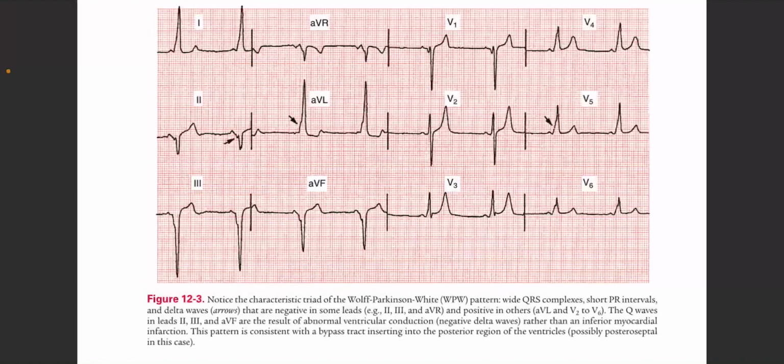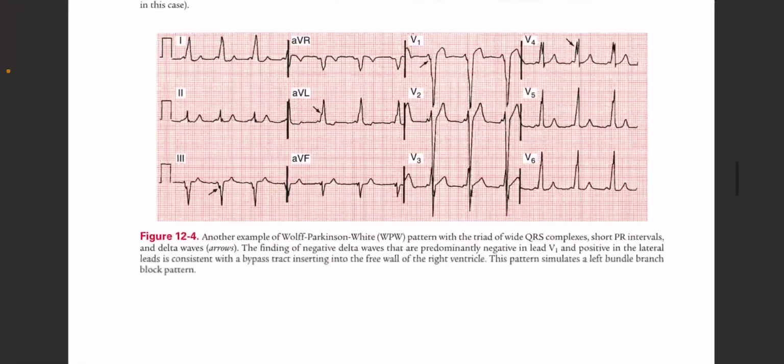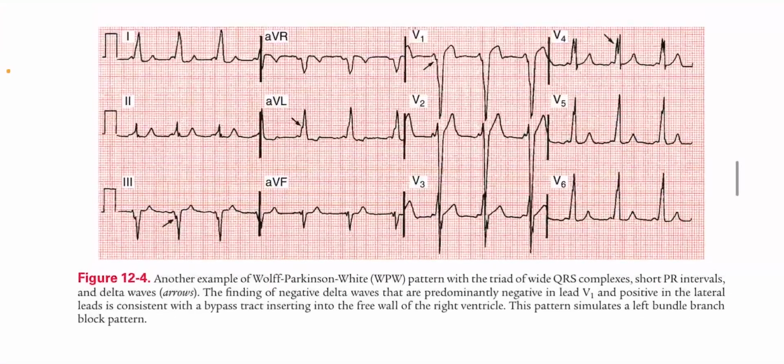This pattern is consistent with a bypass tract inserting into the posterior region of the ventricles, possibly posteroseptal in this case. Since V1 is negative, it is more likely the right side of the ventricle. If V1 were positive, the tract would be on the left side.